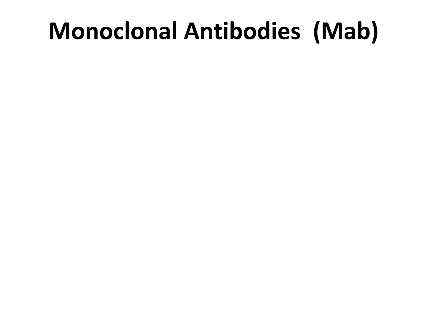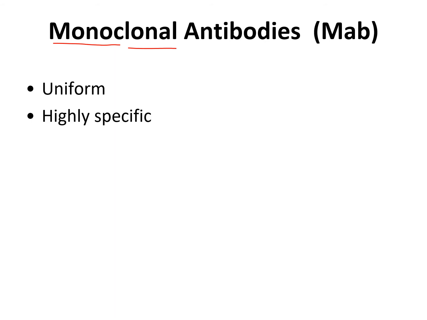To prevent the cross-reactivity that can happen with polyclonal antibodies, scientists have developed a method to generate antibodies from one B cell clone, and they call these monoclonal antibodies, or MAB. Monoclonal antibodies are much better than polyclonal because they are uniform. They come from one B cell clone, so they identify exactly the same epitope on a particular antigen. Also, because of this, they are highly specific.